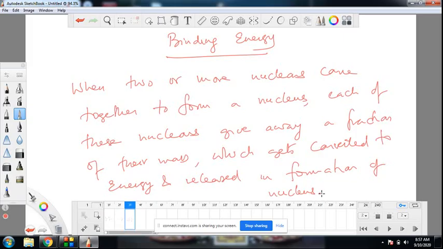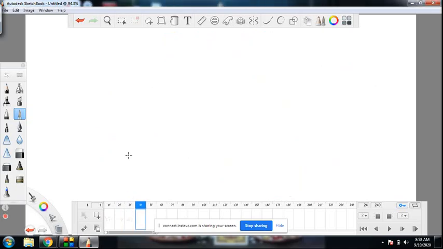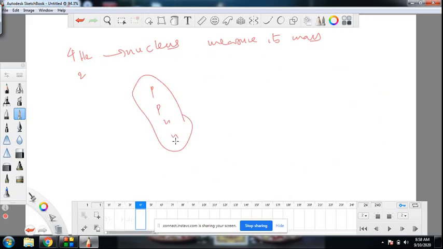This happens. So what I am saying, if you, for example, take a helium nucleus and measure its mass, whereas if you take individually the mass of proton plus neutron and measure this, add it up, 2 protons, 2 neutrons, this will be more than the mass of the helium nucleus.